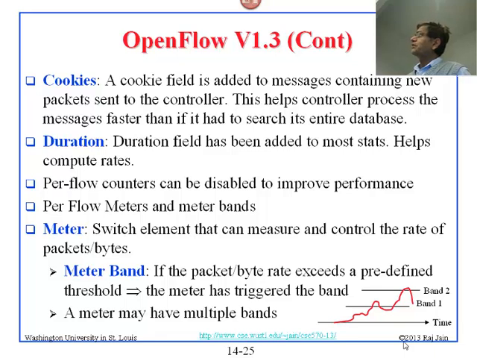This helps the controller process the message faster than if it has to search its entire database. So now it can basically say, all right, this is a packet which is MPLS, and I've got to look at what to do with the MPLS stuff. This is a packet which is about Mac and Mac. So more context about the message is there in the cookie.